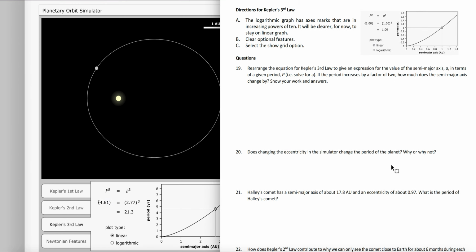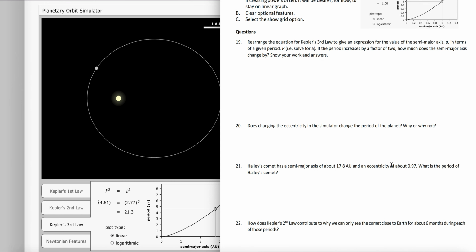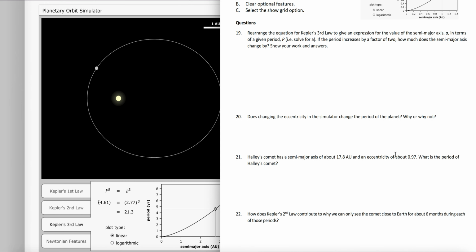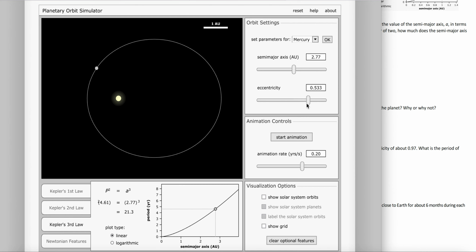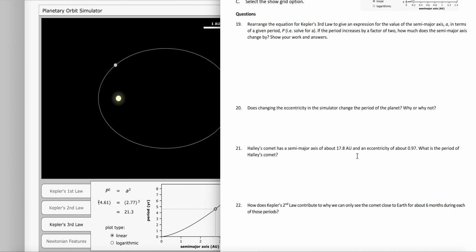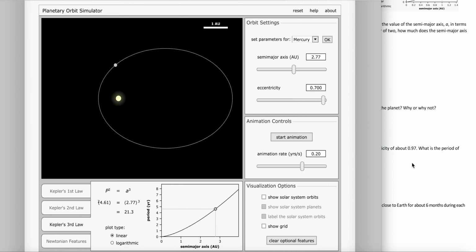So you're going to adjust the simulator a bit, controlling some of these different controls, including turning the eccentricity up to, does it let you turn it all the way up to 0.97? Let's see. No, 0.7. So what is the period? Oh, well, there you go. This is a good one, because you can't manually check this with the simulator. You have to use the equation, because the simulator doesn't let you turn the eccentricity all the way up to 0.97.